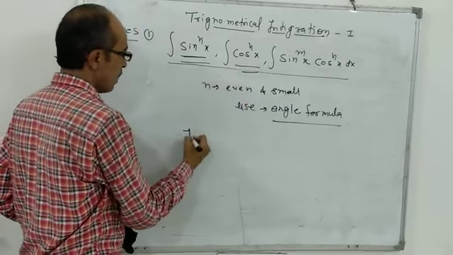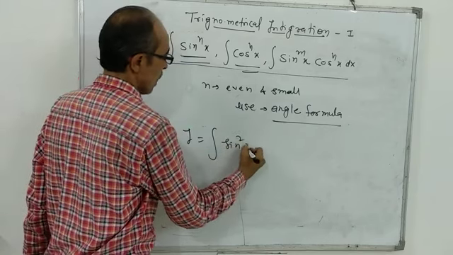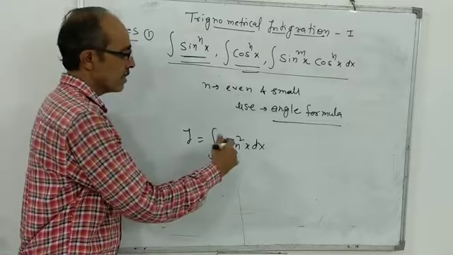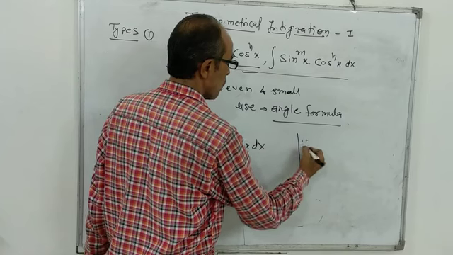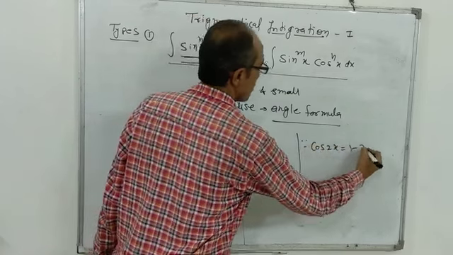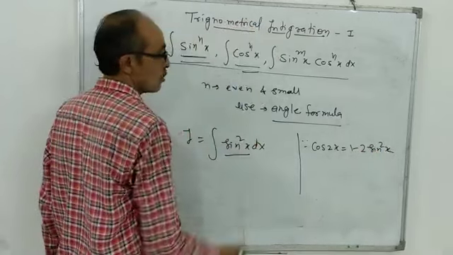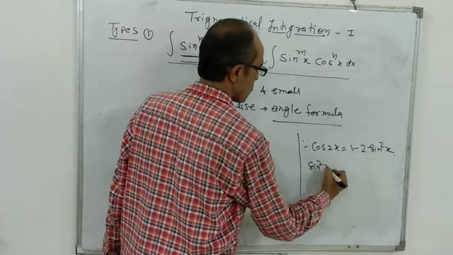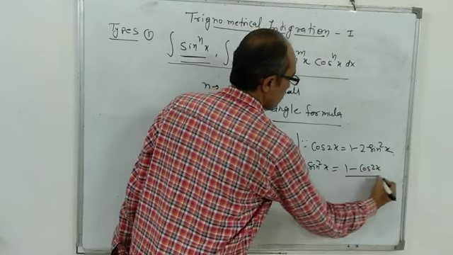So let the example I be the integral of sin square x dx. Here the power is even, so we change into angle form by this formula, because cos of 2x is 1 minus 2 sin square x, and here the given value is sin square, so the value of sin square x is 1 minus cos 2x divided by 2.